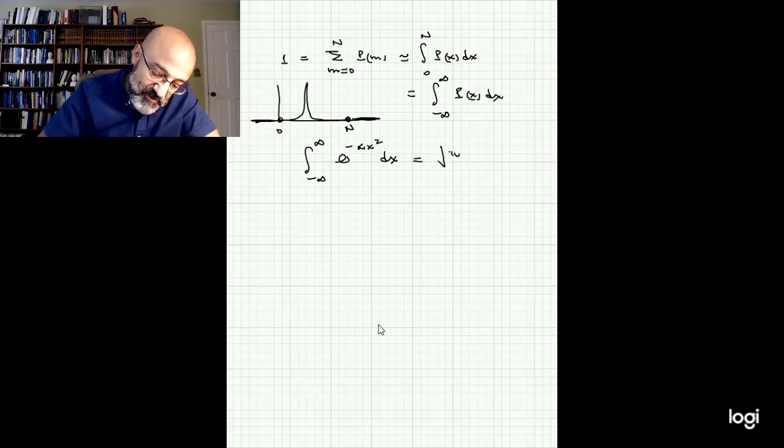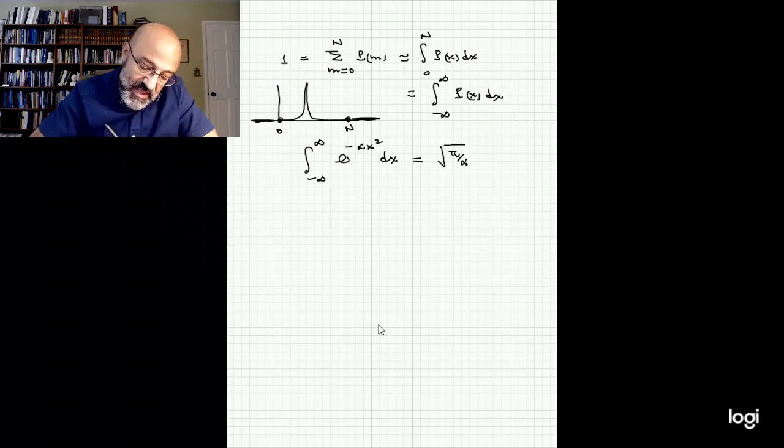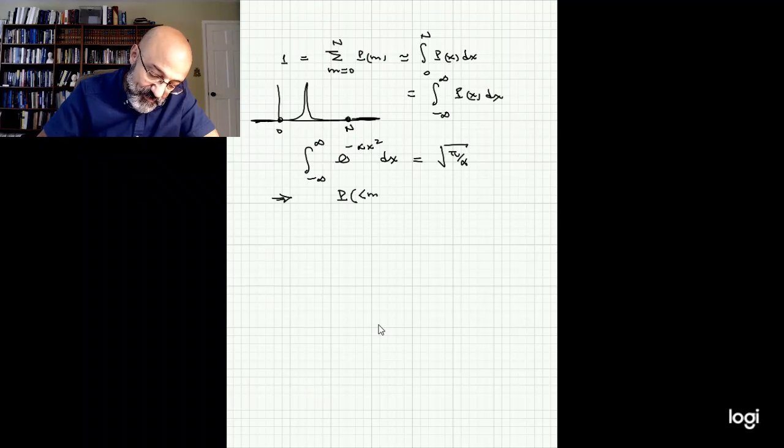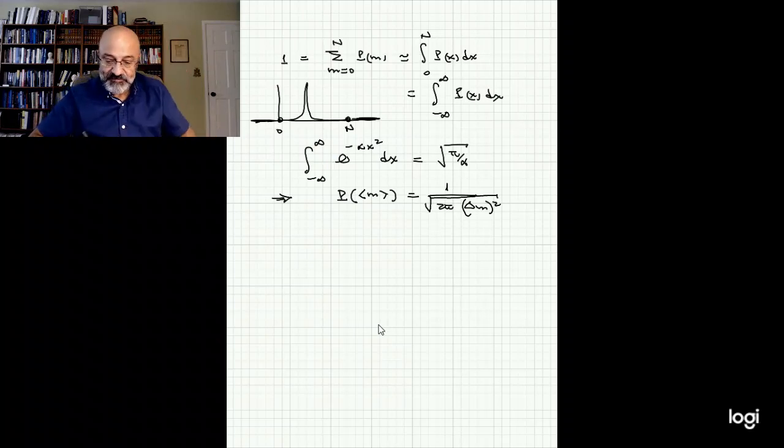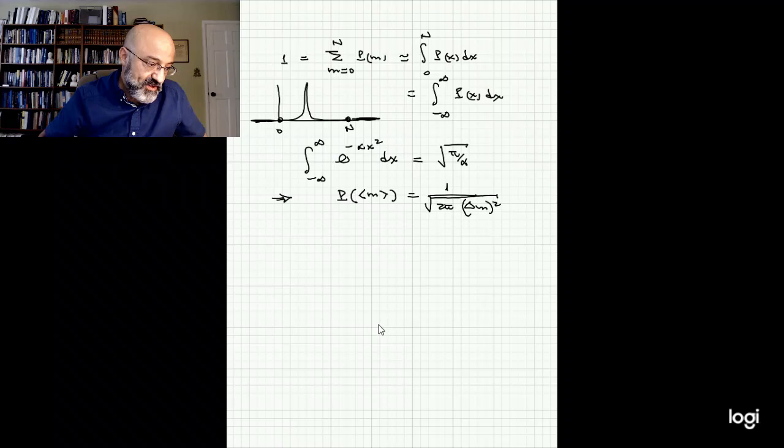It's the square root of pi over alpha, and so we use that function to get that the overall normalization constant is equal to 1 over the square root of 2 pi times the variance. So we're done.